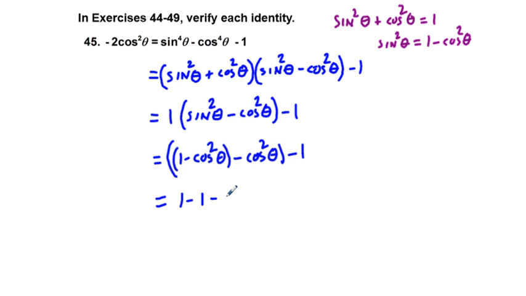Then we have minus cosine squared theta minus cosine squared theta. So what we have left is 1 minus 1 cancel each other. So we have negative 2 cosine squared theta. And now we have fixed this right side to equal left side. Check. We have verified this identity in problem 45.